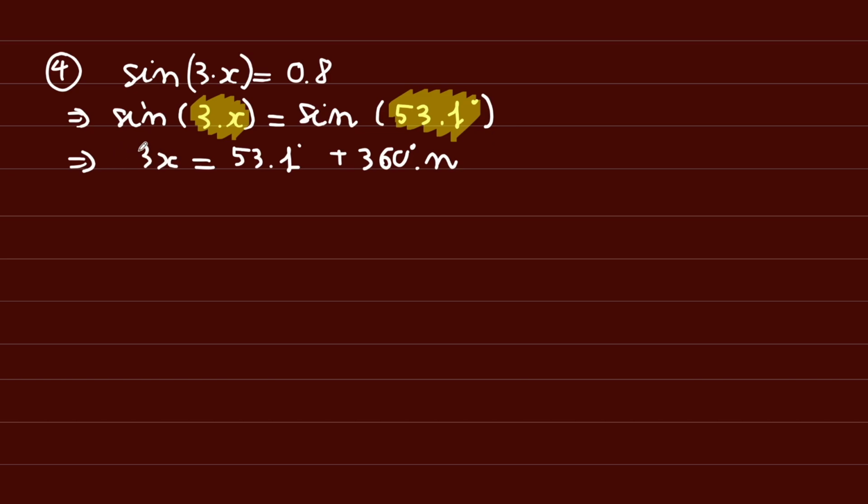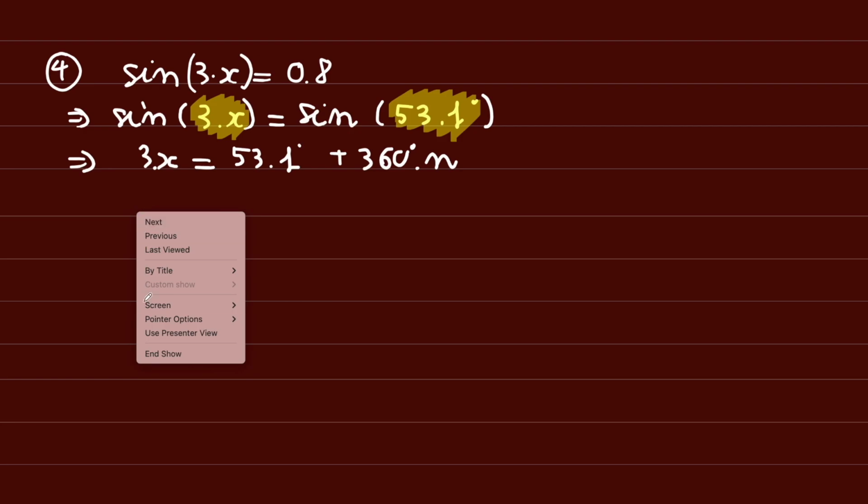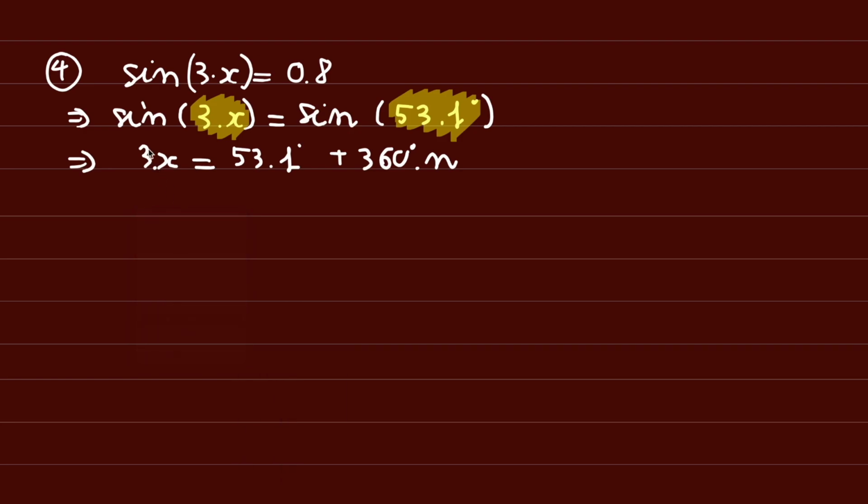We have 3x equal to 53.1. That is not x equal to 53.1. Very carefully, this is not like the previous one, because the angle on the left hand side is 3x. That is not x anymore. So when you apply the general solution, we need to multiply by 3 for x here.